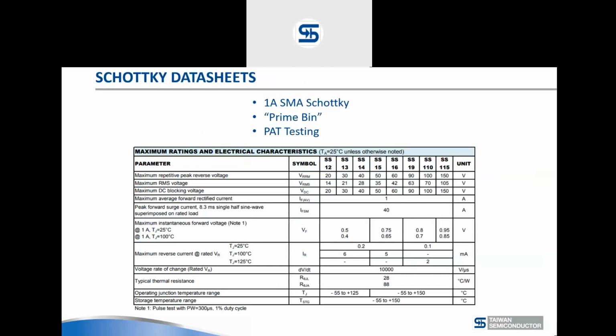However, if you do something called part average testing, and not everybody does this, then you automatically test all products to the average, the bell curve distribution or the Gauss curve distribution, and the parts have to be within the normal distribution before you can sell them to the customer. That's another thing you should be aware of in Schottky data sheets.